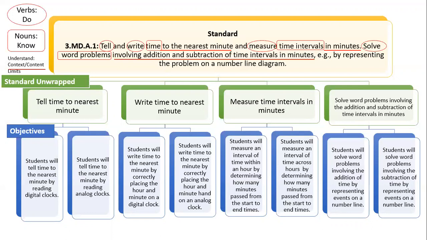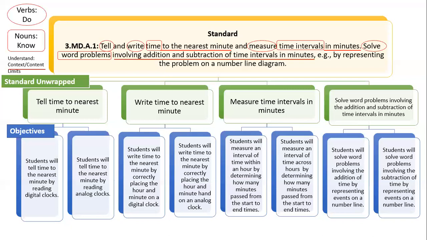For example, for the last objective, students will solve word problems involving the subtraction of time by representing events on a number line. I know everything in my lesson should be related to only this. Now, I might do a little building background and talk about what we learned in prior days and connect it to that in my anticipatory set.